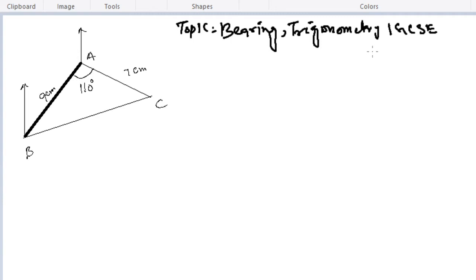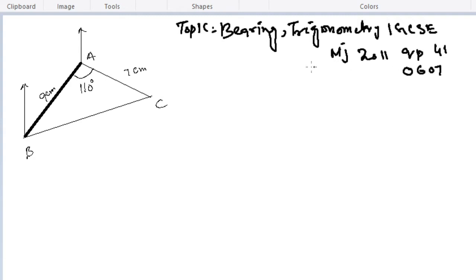I'm giving the source of this question. You can see the question in the exam paper. You can open the exam paper. I'm writing here the paper: year May June 2011, question paper 41, and this is from the 0607 code.